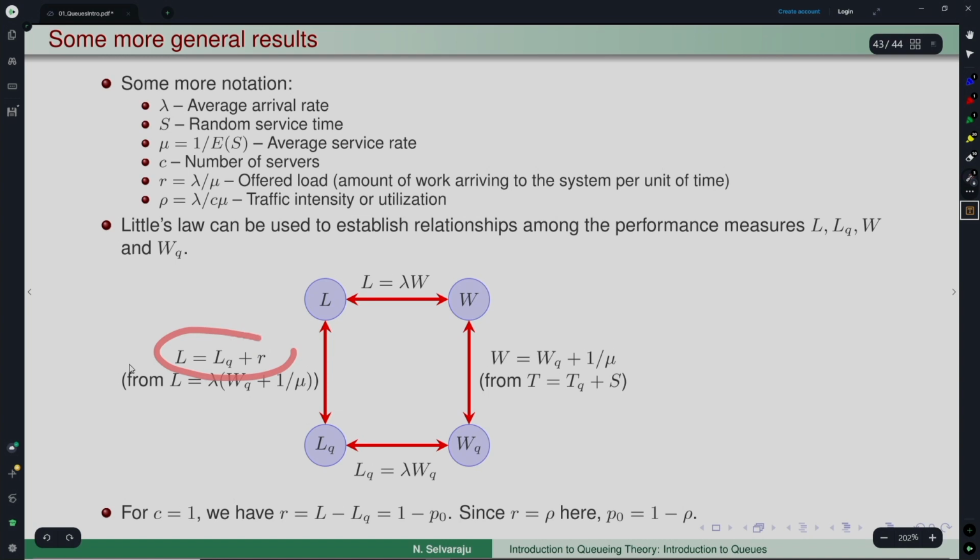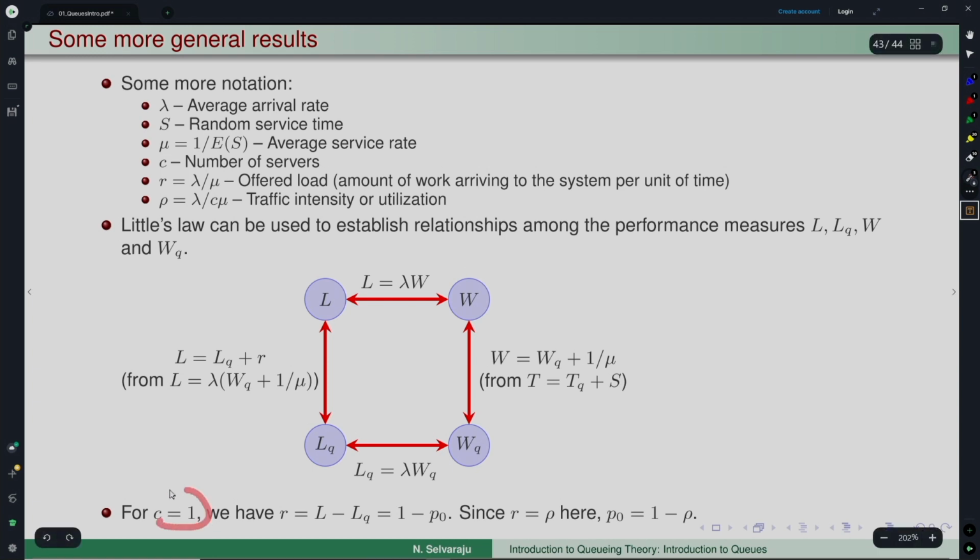This is the relationship between L and LQ. Now, if I know the parameters for the model, and if I get say L or LQ or W or WQ, one of those, then I can get the remaining 3 using this relationship. So, this relationship is very important in that sense, very useful, a generic one.